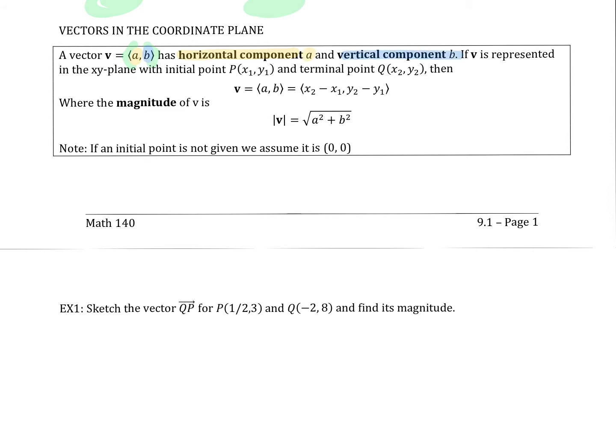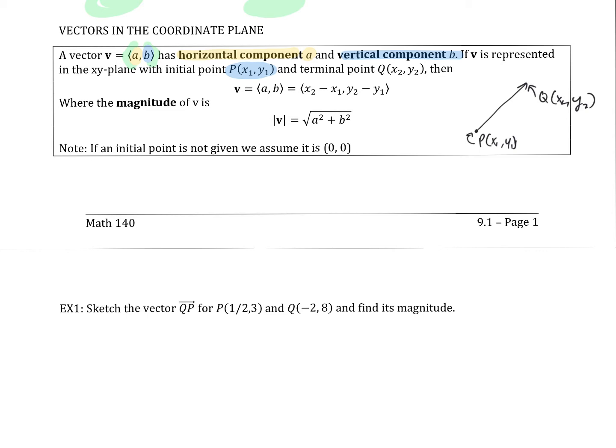If v is represented in the xy plane with the initial point P of (x1, y1), so let me go ahead and draw this out. So if we had a vector, this would be P of (x1, y1) at the tail, and then the terminal point Q (x2, y2), then what do we know?